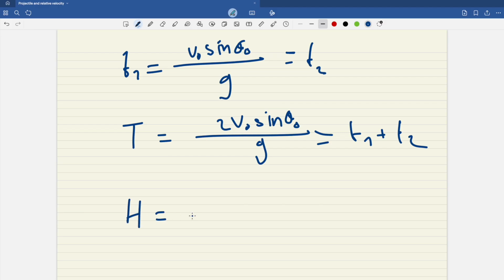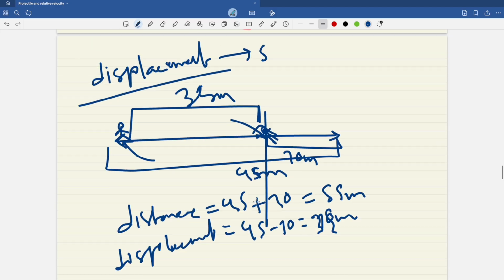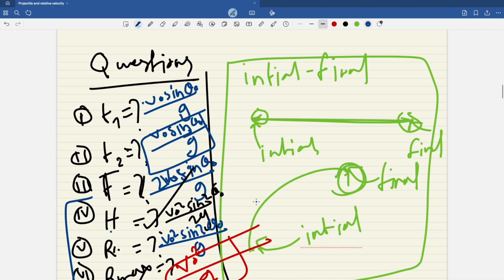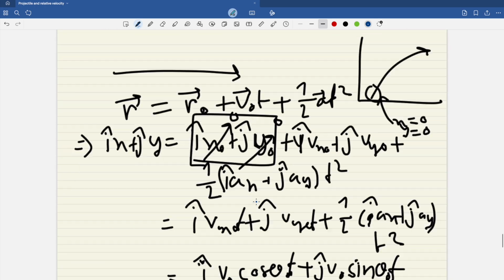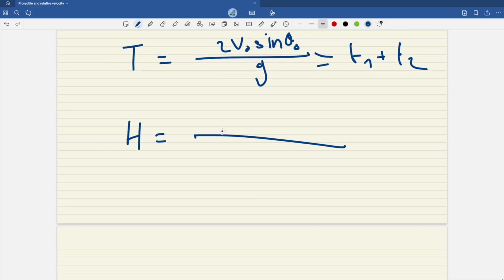Then the maximum height was v naught square sine square theta naught divided by 2g.